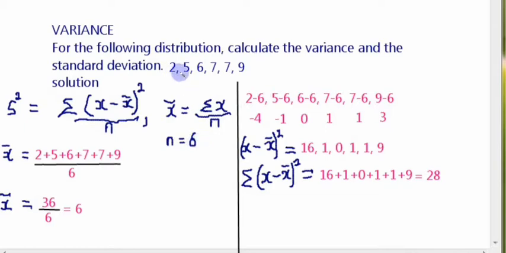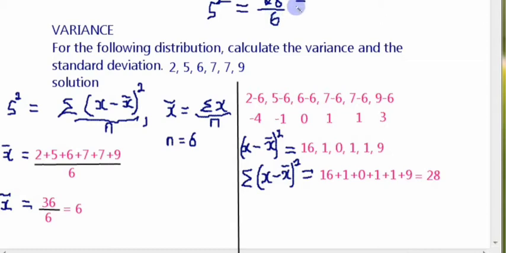So s square is the variance. s square is equal to the summation of x minus x bar squared, which we already know is 28, so we substitute it as 28 all over n, which is 6. So 28 divided by 6 from the formula.